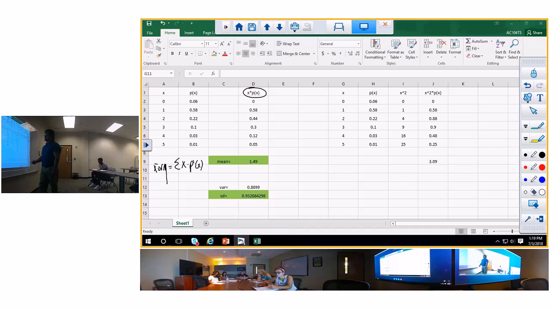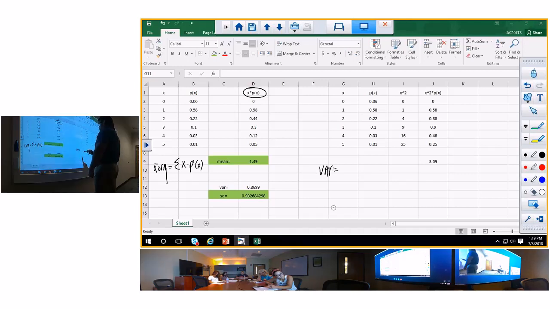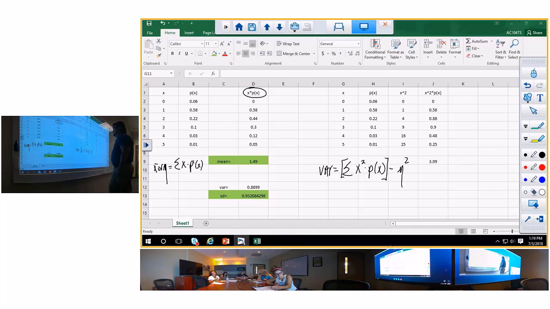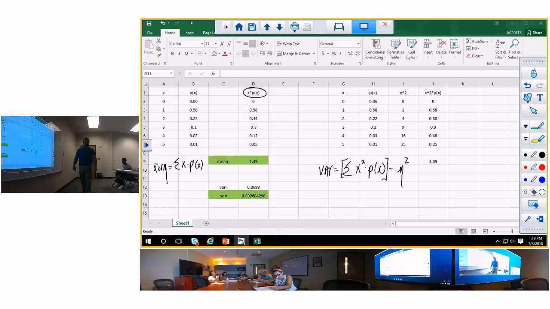Your variance is equal to the summation of what? X squared times what? P of x. And then after we add that up, you subtract what? You subtract the mean squared. You have to read the formulas.